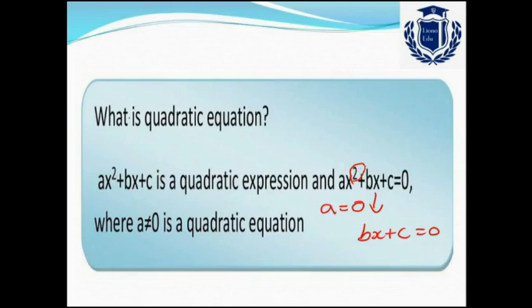That means there could be 2 values that can satisfy the variable x. If the power is 3, suppose it is a cubic equation, then it will have 3 solutions. And if the power is 4, then it will have 4 solutions. So a quadratic equation will have 2 solutions that can satisfy the given equation. And a must not be equal to 0.